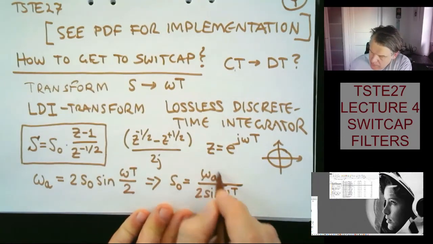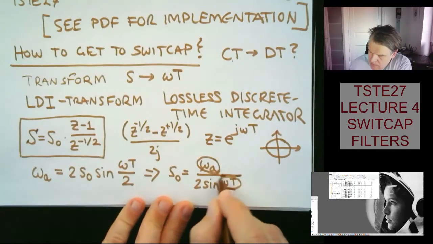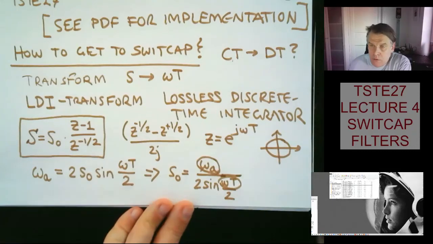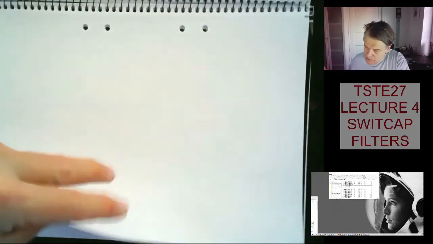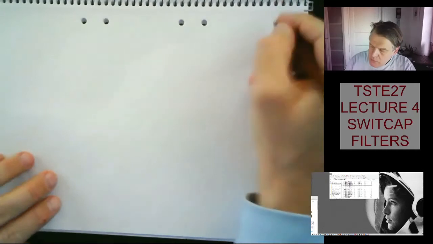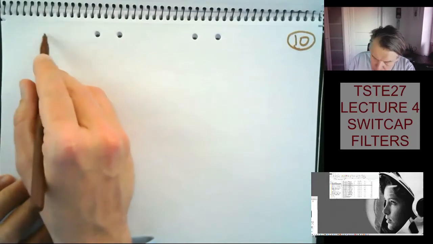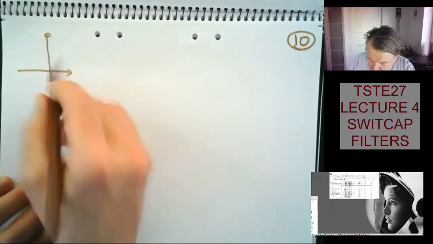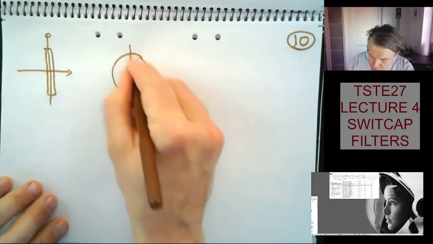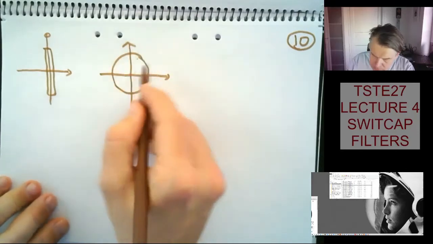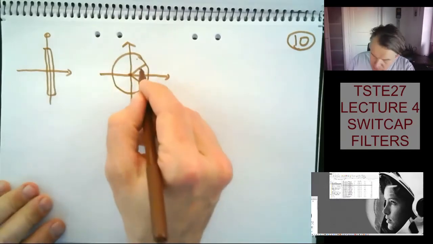And then omega a is a frequency on your continuous time domain, and omega t is the angle. So you just decide how you want to scale your system. So that's part of the lab, obviously, too. So I do have my frequency axis. Let's repeat that while we're here. I have some frequency axis like this, which maps on my unit circle like this. So I know I have a certain angle here, omega t.